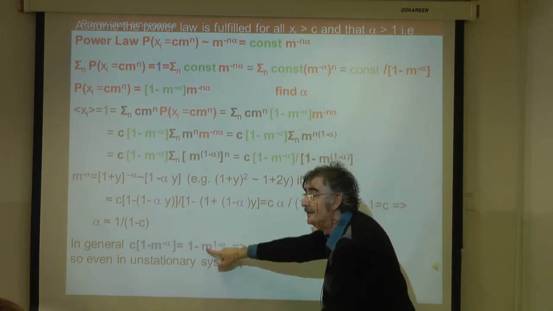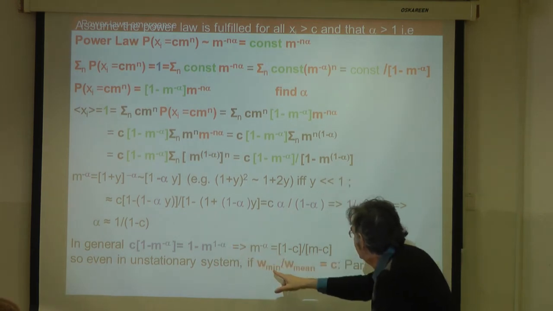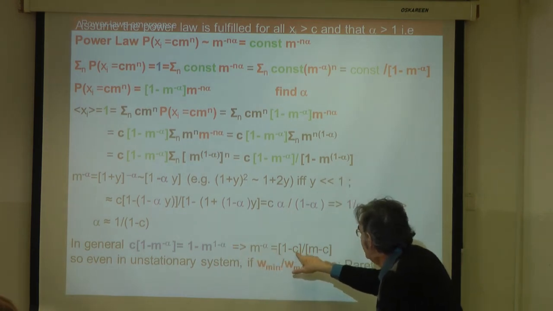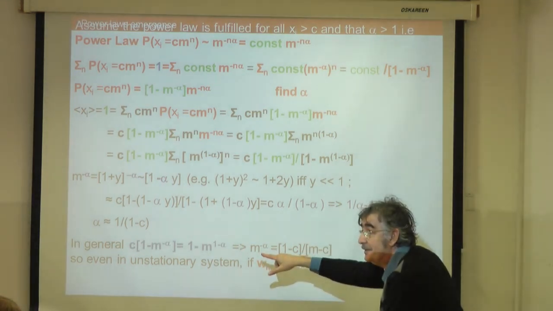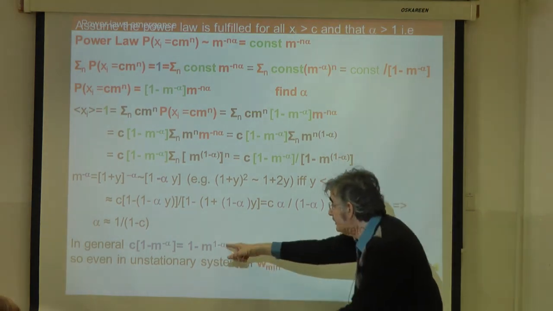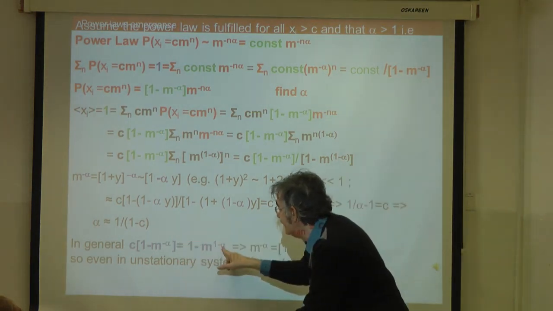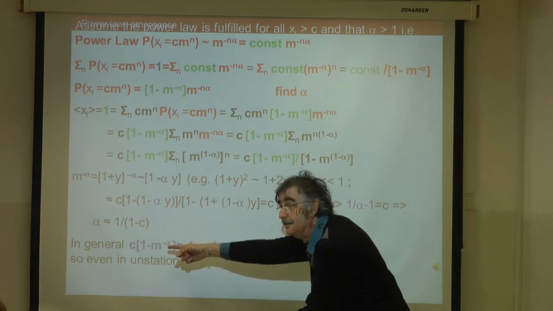Okay? Which means that m to the minus alpha is equal to 1 minus, this you cannot see immediately, but if you want, you can believe me. If not, I'm making it. It's clear that I can extract m to the minus alpha as a function of m and c.